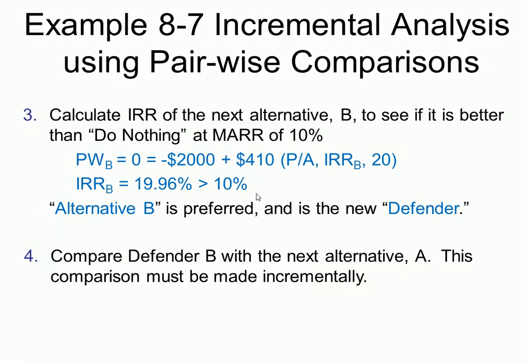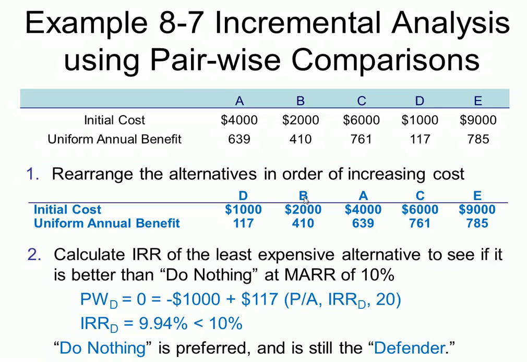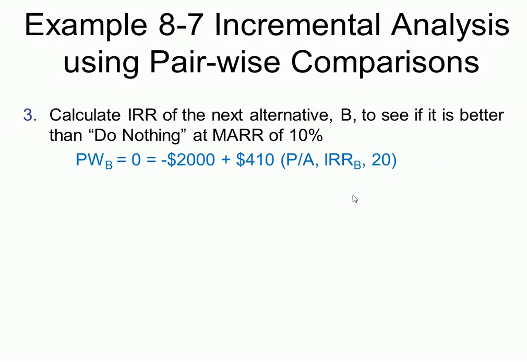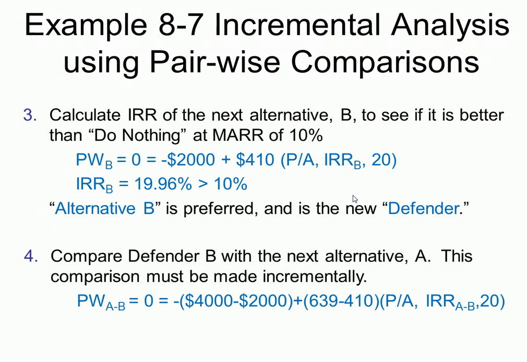The next alternative in terms of initial cost is A. Right, just to show you, let's go back. After B, we have A in terms of the rank of increasing initial cost. So we're going to compare B and A. So now it's not going to be IRR of B or IRR of A. It's going to be IRR of A minus B. We're subtracting from higher initial cost A, we're going to subtract B. So we're looking at present worth of incremental A minus B. So incrementally, the cost of 4,000 minus 2,000 and the benefit of 639 for A minus the benefit of B of 410.